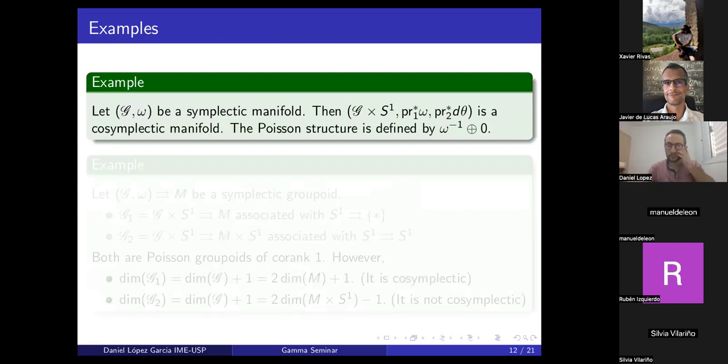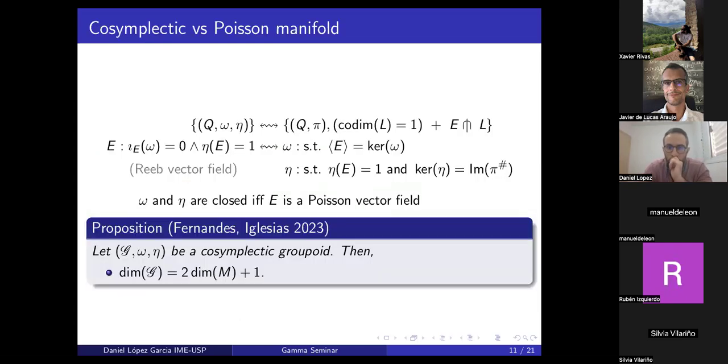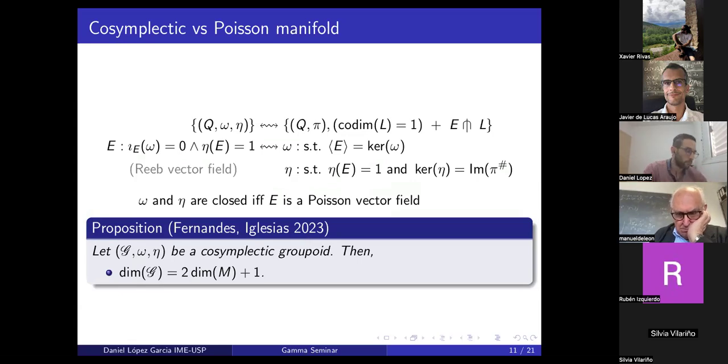So far, it's okay. I do have a quick question. I don't know if you can hear me. Yes. Okay. When you mentioned that the Reeb vector field should be a Poisson vector field, does this mean that it is a symmetry or that it is Hamiltonian? When I say that this is a Poisson vector field, I mean that this vector field satisfies some kind of Leibniz rule.